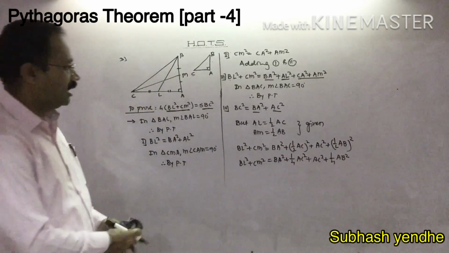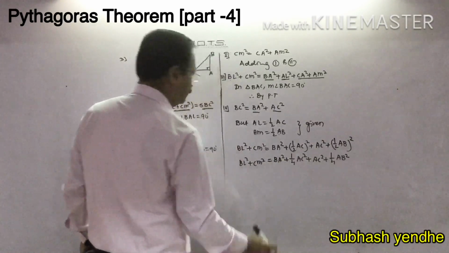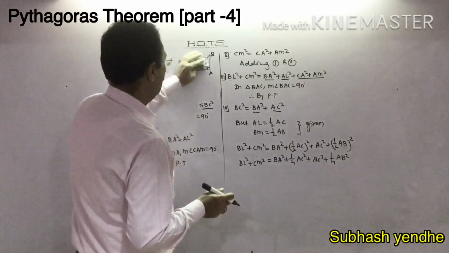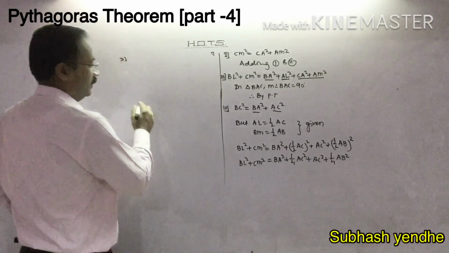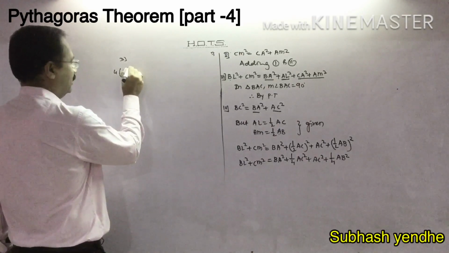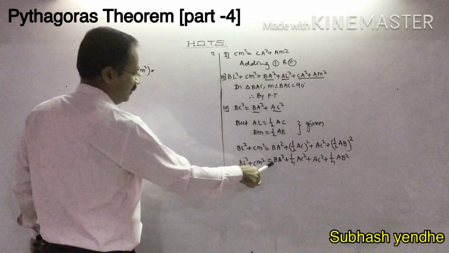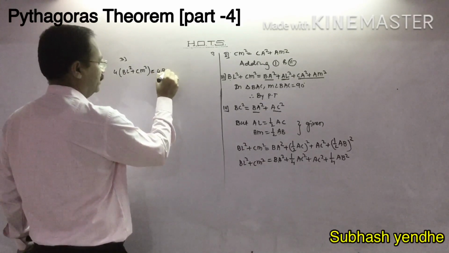So what do we have to do? We have to cancel these 4. So what can we do? You have to multiply by 4 to both sides. So multiply by 4: 4 in bracket BL square plus CM square equals, if you multiply by 4, you will get 4 BA square.